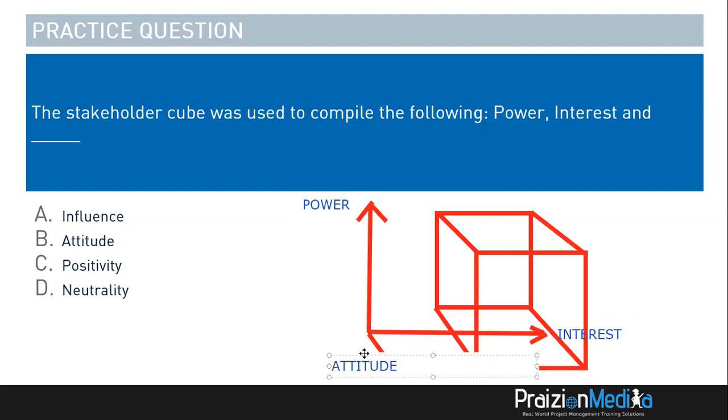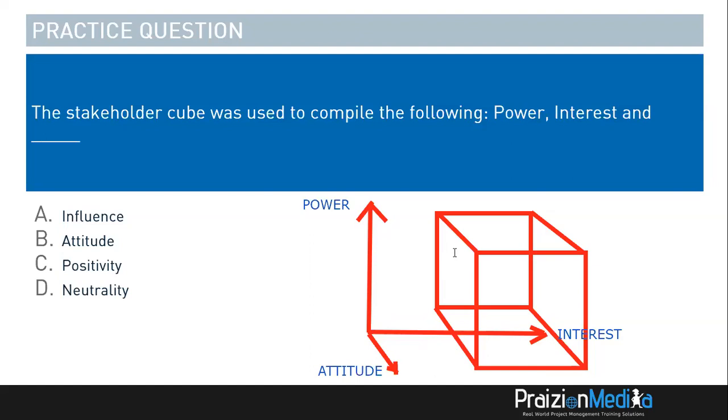And like I said, these axes could be shuffled. You could have X, Y, Z, different arrangements. You could have interest on the Y if you want. But the bottom line is the 3 dimensions, and they're power, interest, and attitude. That is typically what you have on the stakeholder cube.